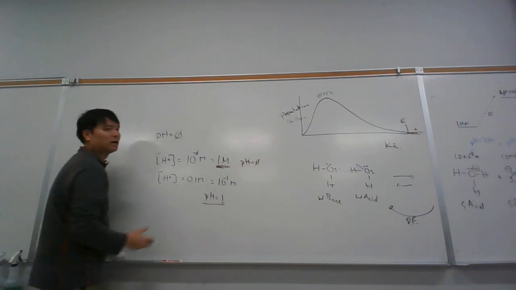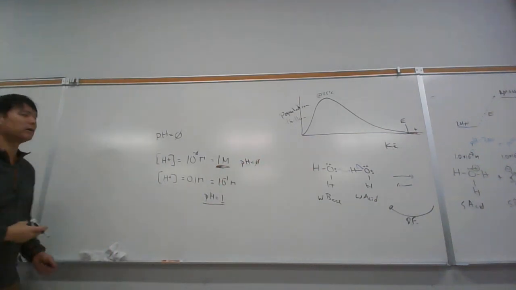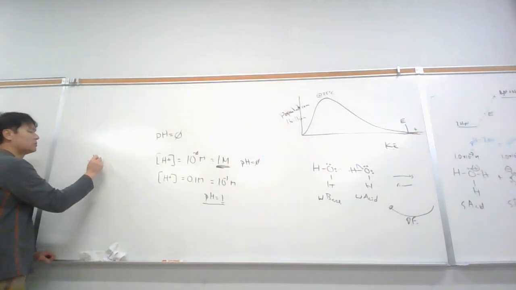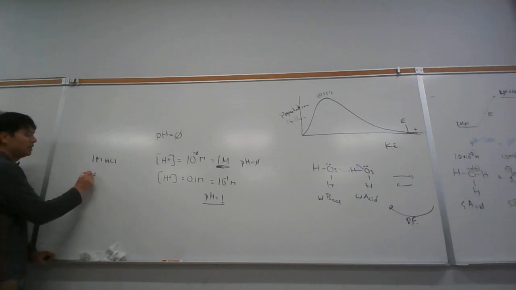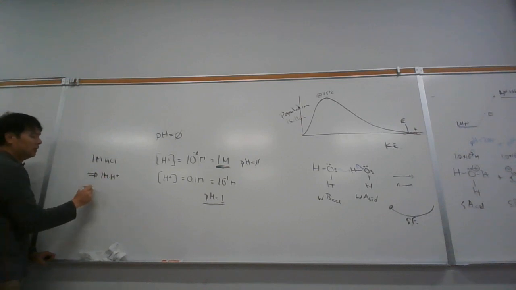Is 1 molar very concentrated? 1 molar HCl? Would you call that concentrated or dilute? 1 molar HCl is going to give us 1 molar H plus concentration. The 1 molar H plus concentration gives us a pH of 0.